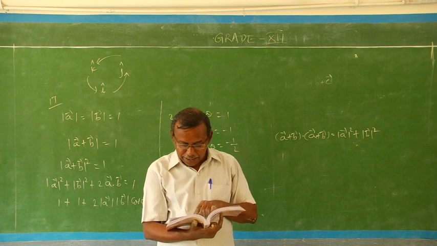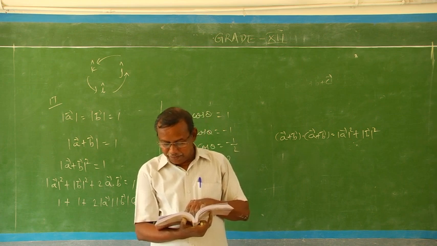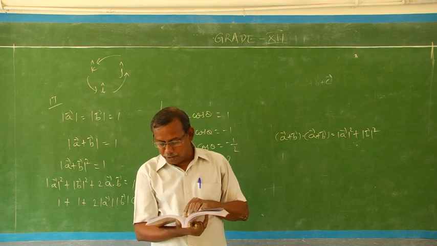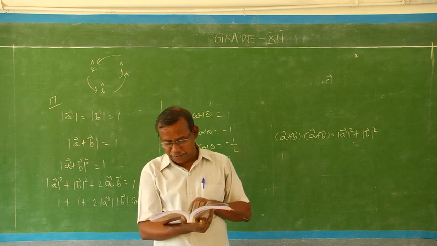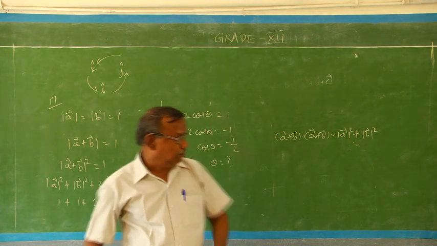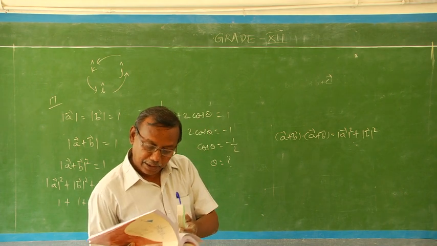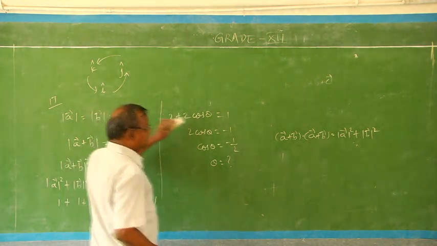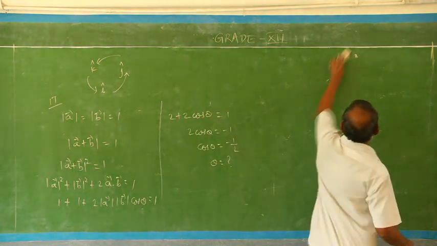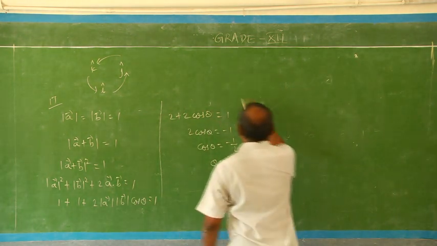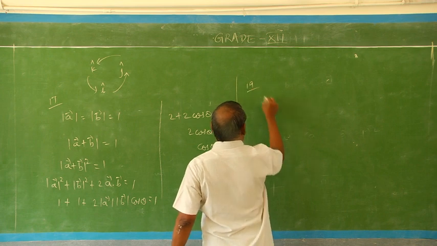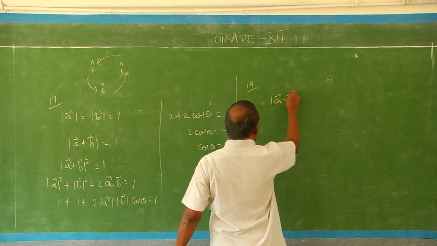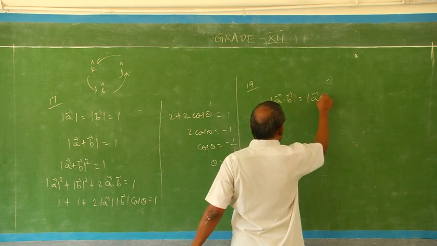If theta is the angle between any two vectors a vector and b vector, then modulus of a dot b equal to modulus of a cross b. Question number 19. In question number 19, it is given modulus of a dot b equal to modulus of a cross b.